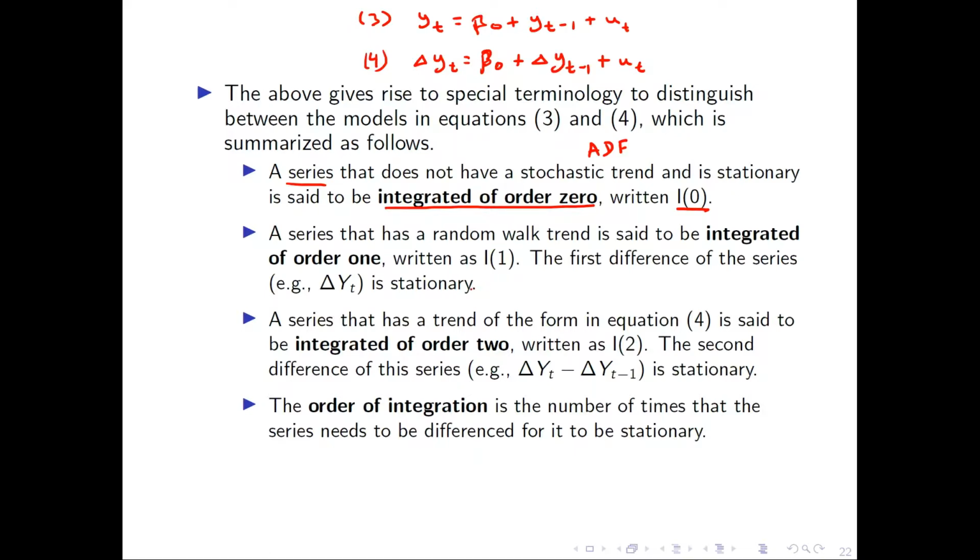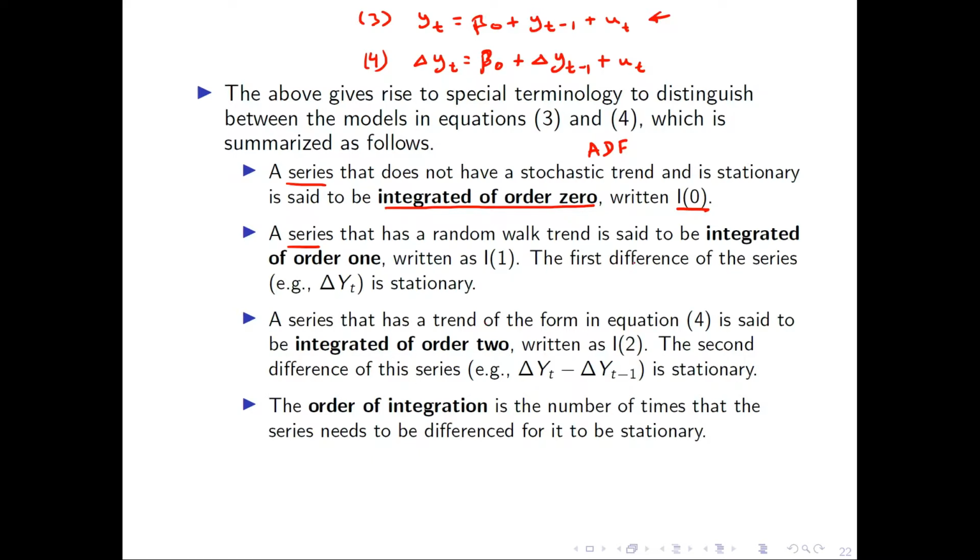But if the series has a random walk trend, which is like this in equation 3, then you have to difference it once to make it stationary.